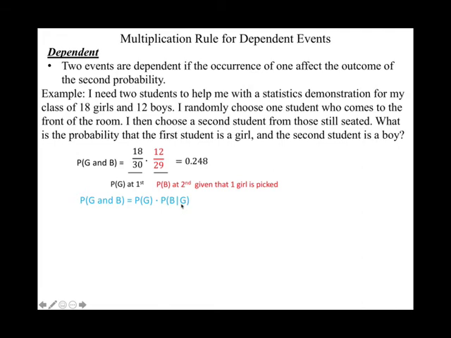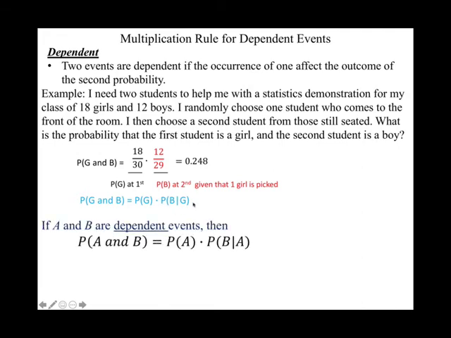So this is a conditional probability. So we say if A and B are dependent events, then probability of A and B will equal probability of A times probability of B given A. And again, this is the conditional probability.